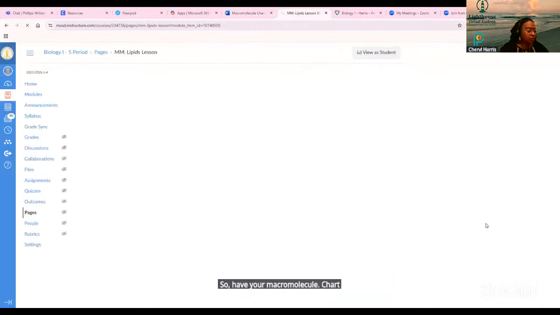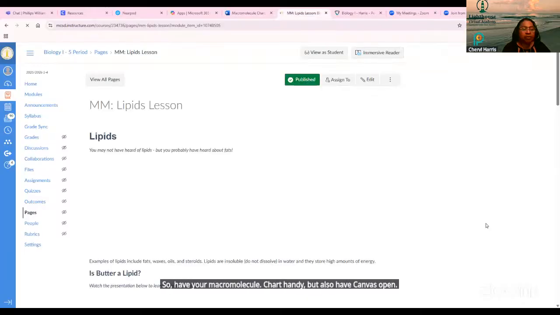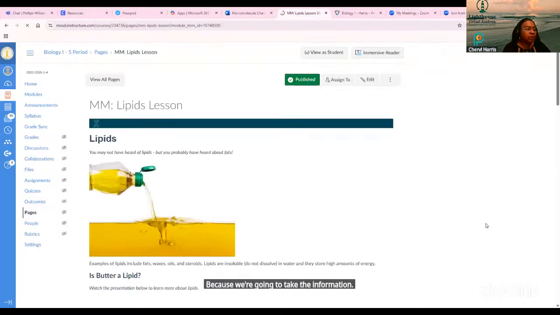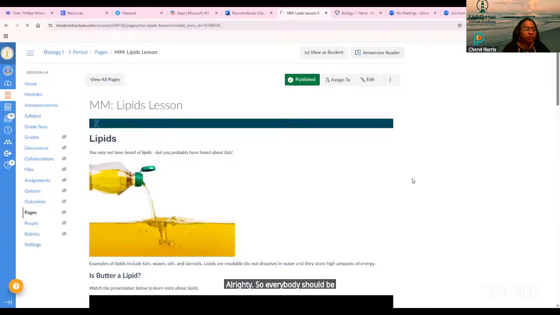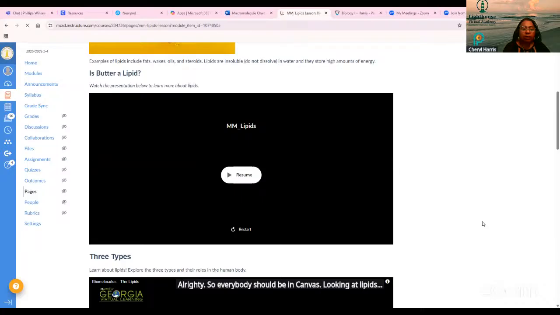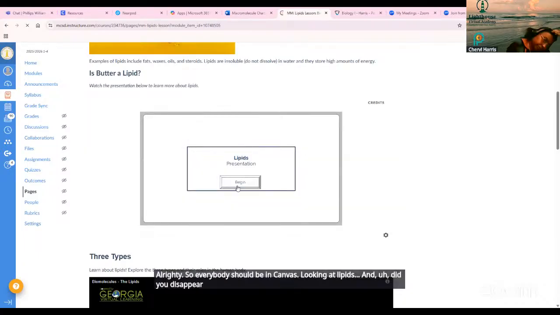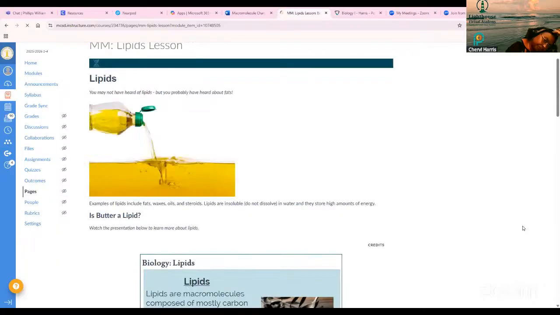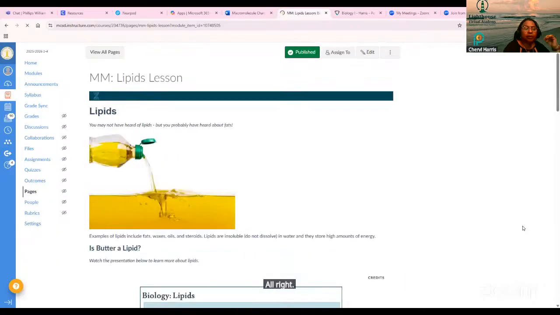Have your macromolecule chart handy, but also have Canvas open because we're going to take the information off of Canvas first. All righty. So everybody should be in Canvas looking at lipids.